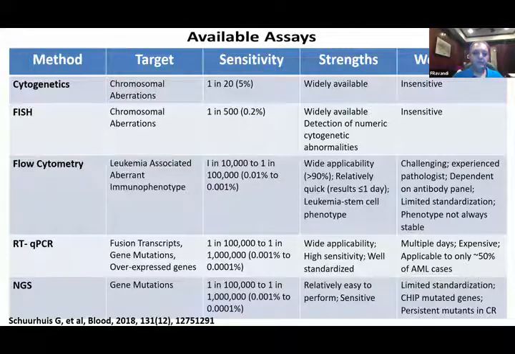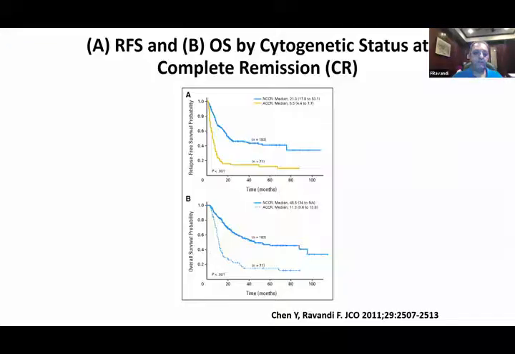And by this, what we mean is that historically, we have relied on morphology and an expert pathologist to determine whether a patient is in complete remission or not. And that looks only at a limited number of cells, but obviously there are other assays that we can use, including even cytogenetics, FISH, and more importantly, flow cytometry, PCR, and NGS.